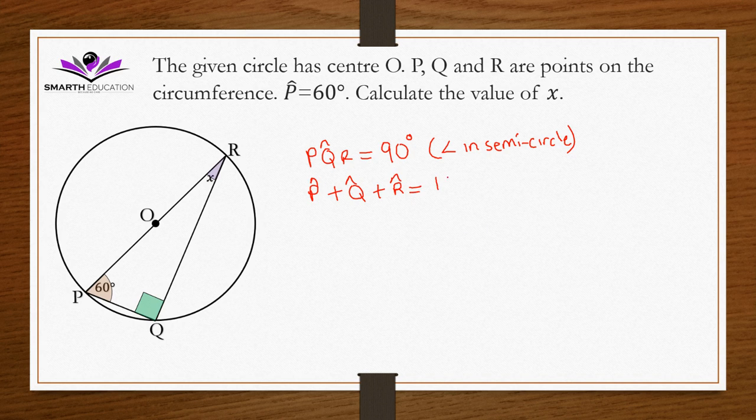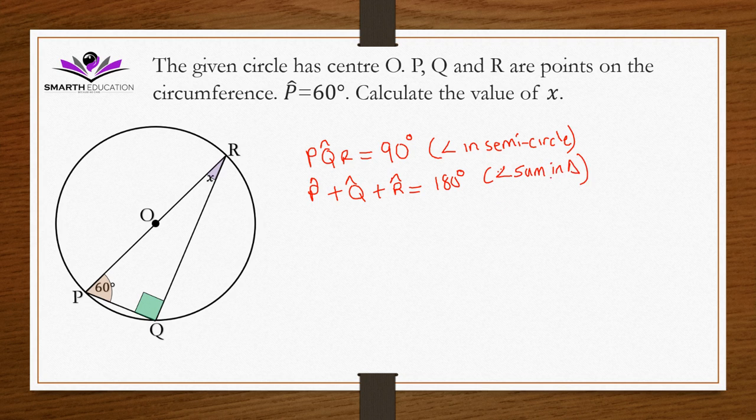We must get 180 degrees because these are the interior angles of a triangle. So you can even write that as a reason, interior angles of triangle. I usually use angle sum. If you have your own reason that you prefer, then you can use it. These are three reasons that are acceptable. So I use angle sum in triangle.